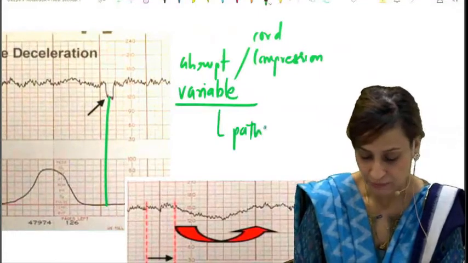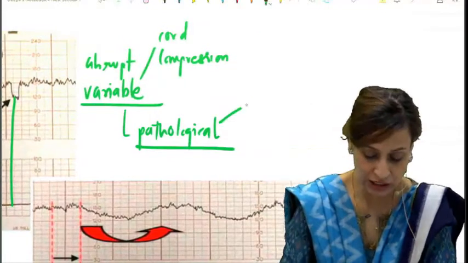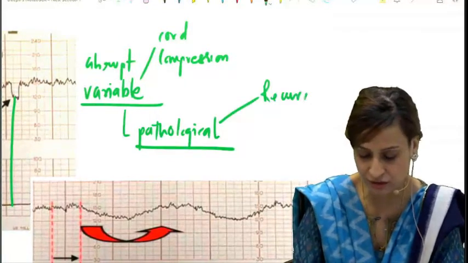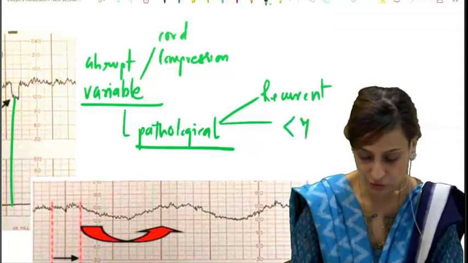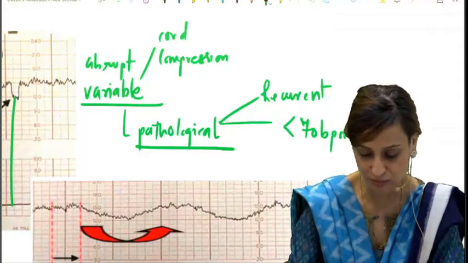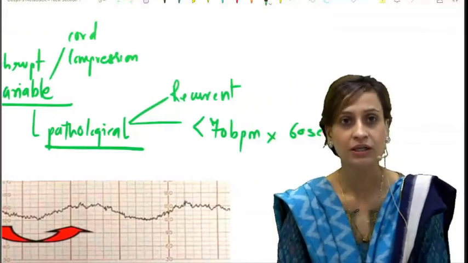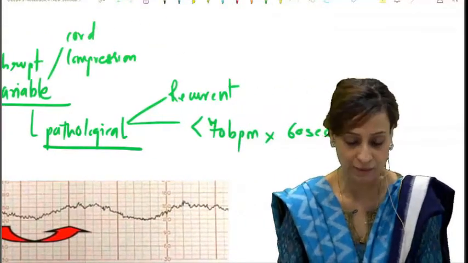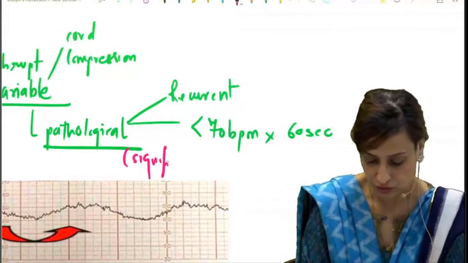They would be pathological, and the clinician would be worried about them, in case they are recurrent, or in case the heart rate dips down to a very low value of less than 70 beats per minute and lasts for a whole 60 seconds or 1 minute. That's when the variable becomes significant or pathological, okay?